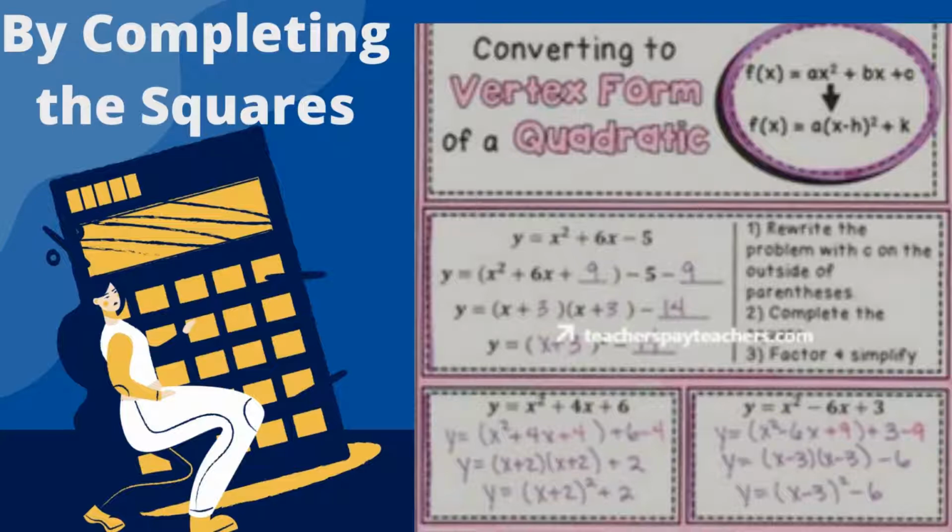y equals x squared plus 6x minus 5. Of course, putting negative 5 outside the parentheses, and then think of the third term to make it a perfect square. How will you get the third term? You have the 6 or the b, you have to divide that by 2 and square that.